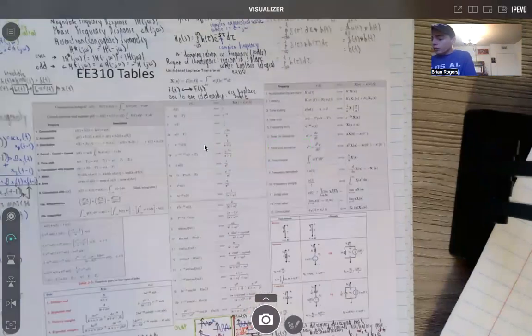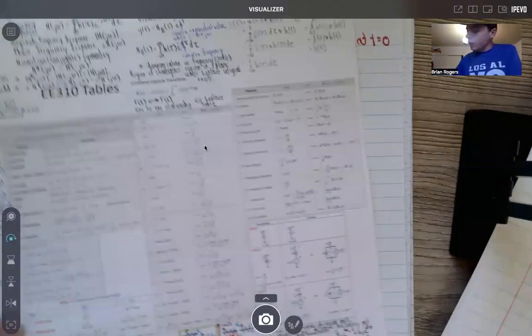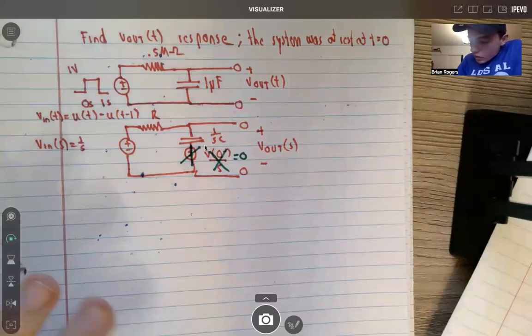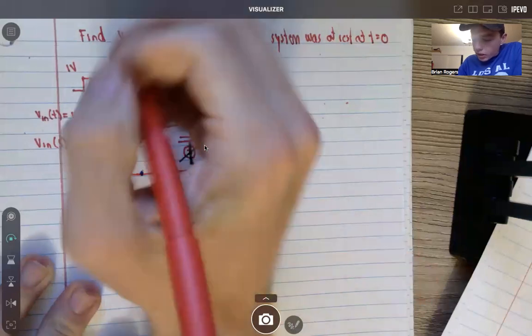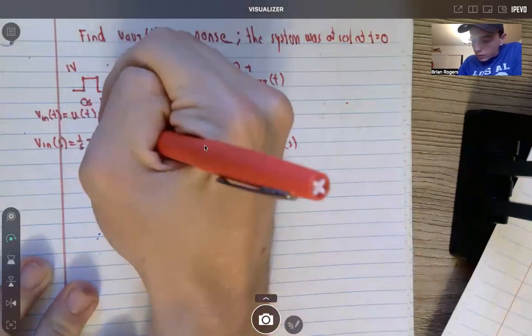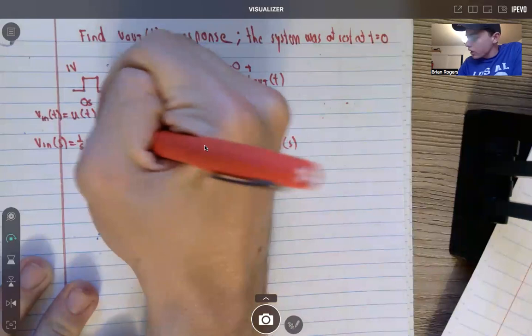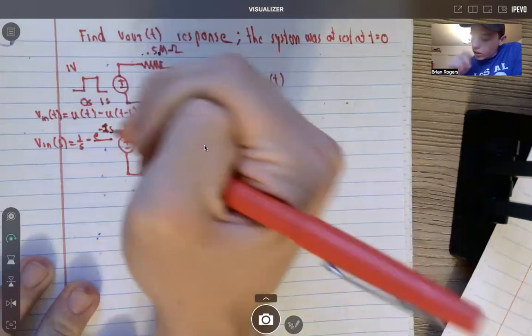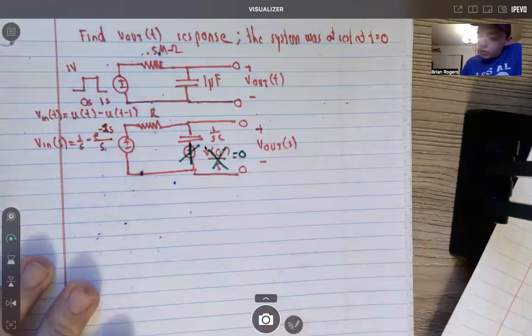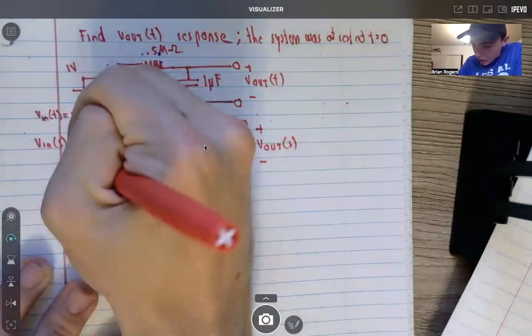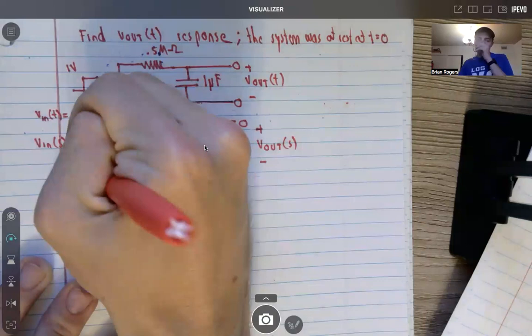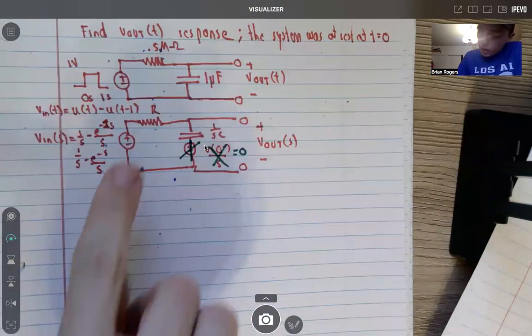So it's going to become minus e to the negative s, since T is 1, over s. So you can simplify that: it would just look like 1 over s minus e to the negative s over s instead. So it's better than having that 1 up there.